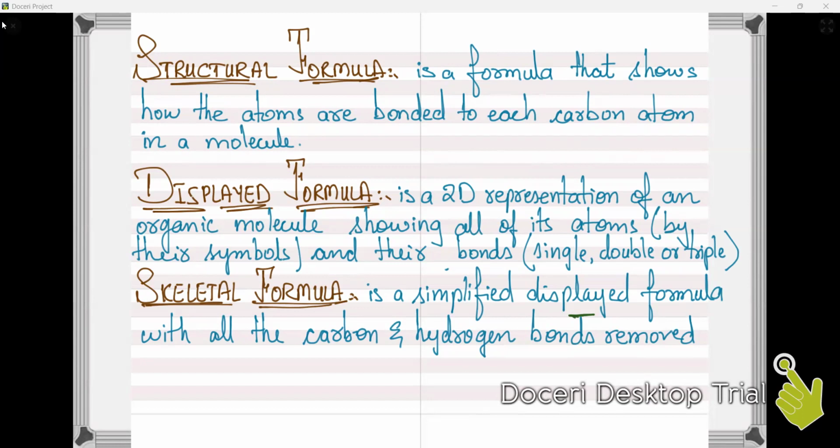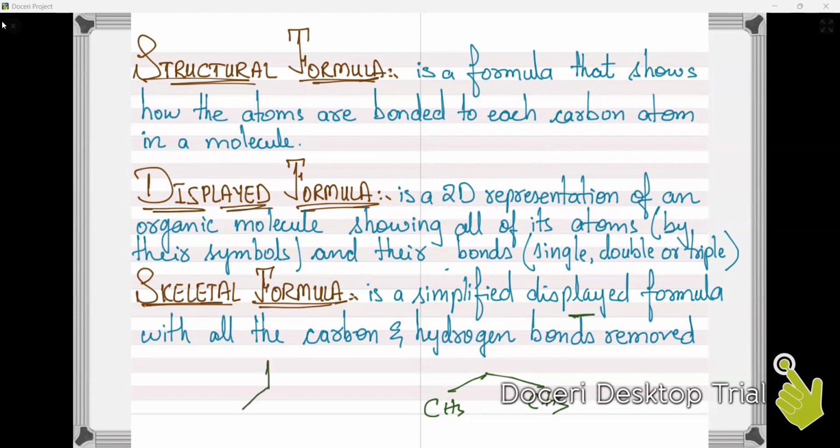For example, there's this skeletal formula, let's suppose. Here, this is a skeletal formula. And this skeletal formula is for propene. This is how I draw the skeletal formula for propene.